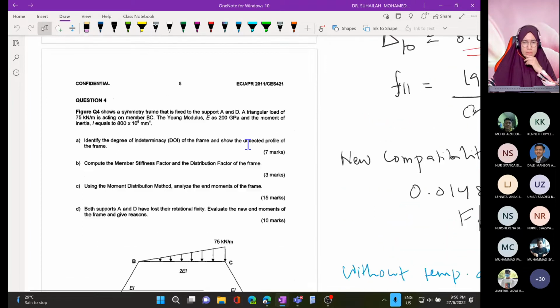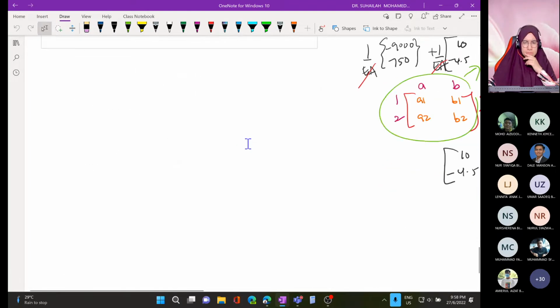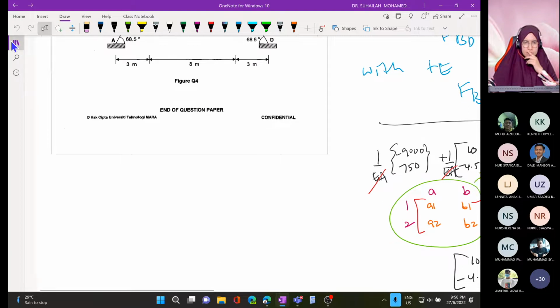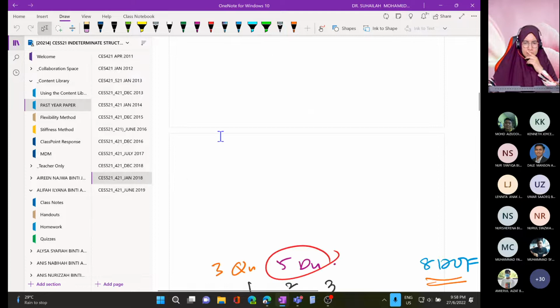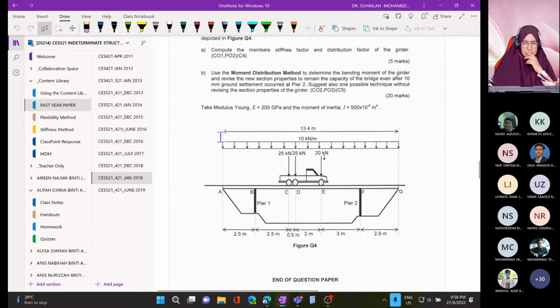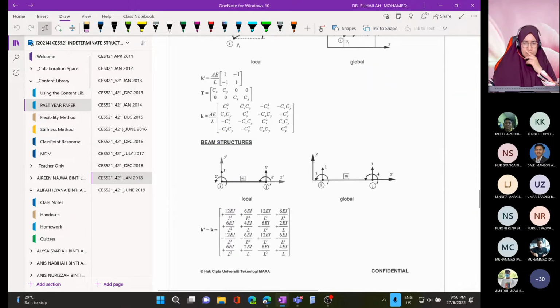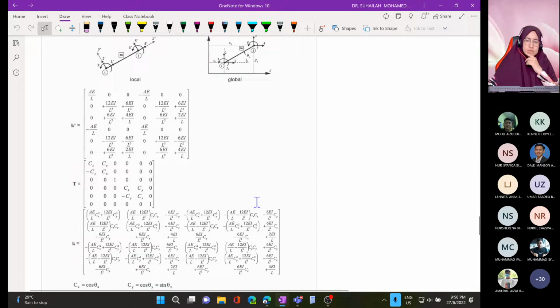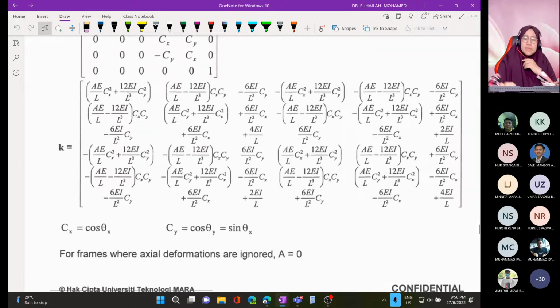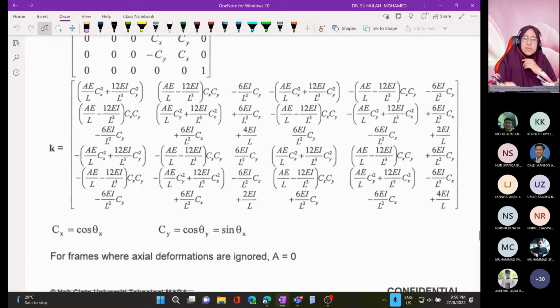Where is the appendix? Okay, this is the appendix. So this will be the formula for K, the element stiffness matrix, a 6 by 6 matrix.